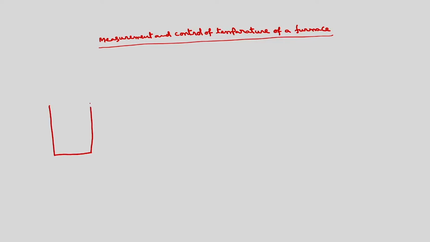Measurement and control of temperature of a furnace. Okay. Suppose I have a furnace here. Here you have to insert a sensor, a temperature sensor.